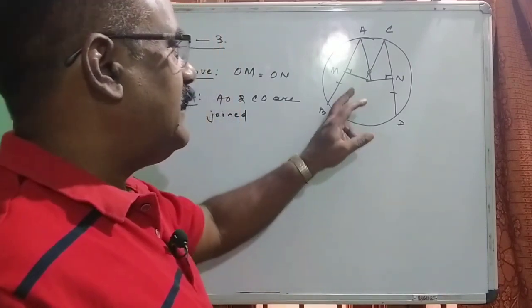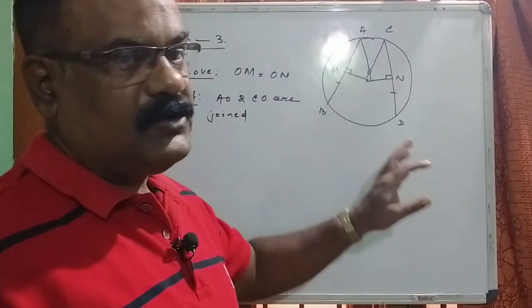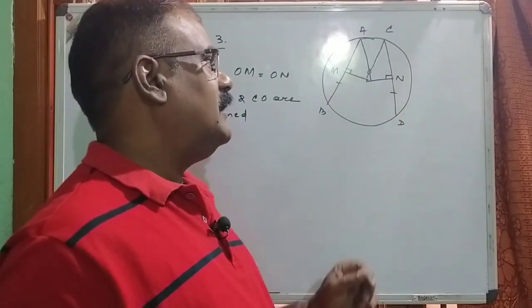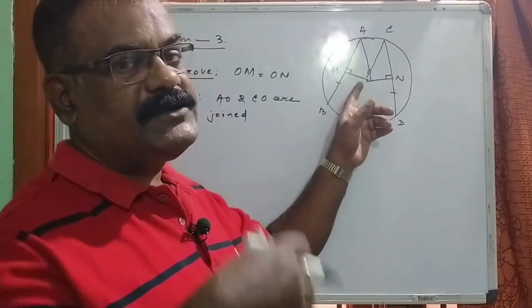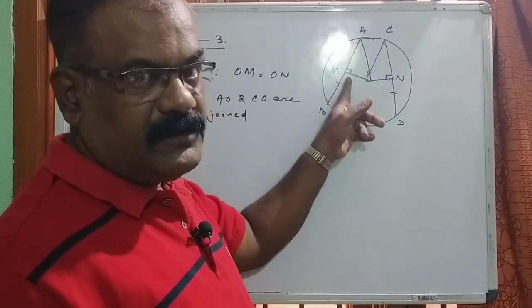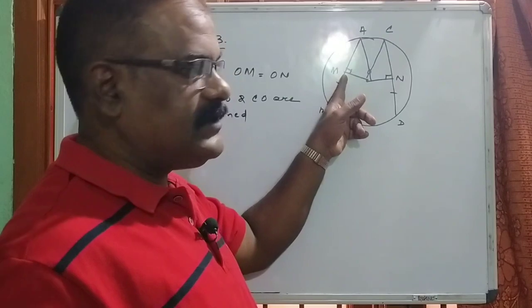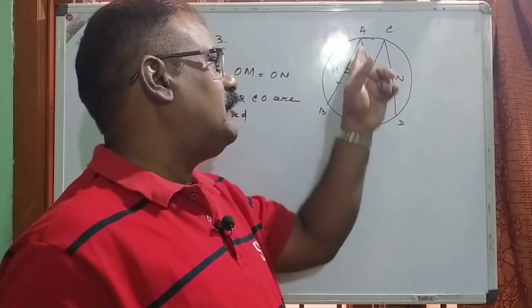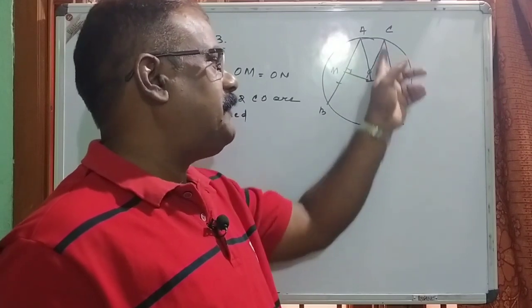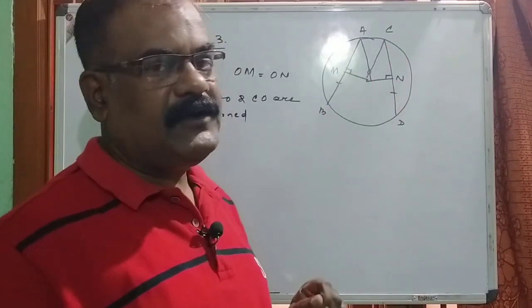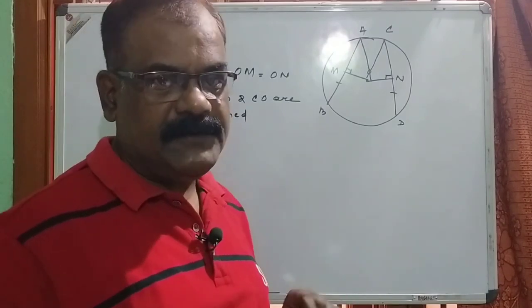Already it is given that chord AB is equal to CD. And we also know from the previous theorem that the perpendicular drawn from the center bisects the chord. Since OM is perpendicular to AB and ON is perpendicular to CD, M and N are the midpoints of AB and CD.